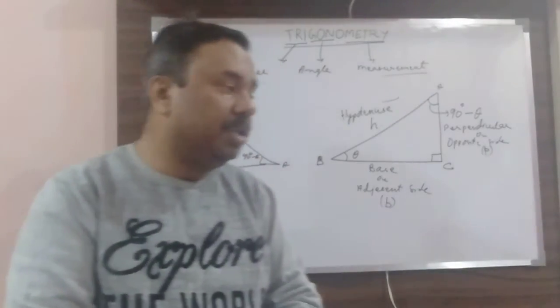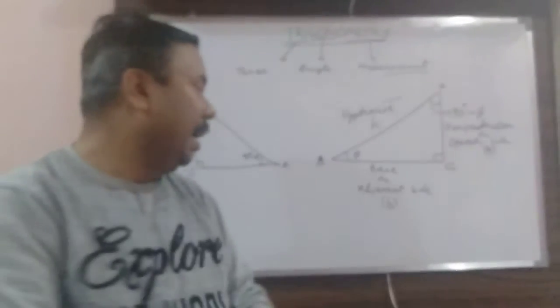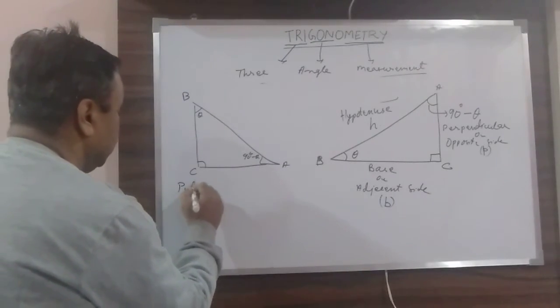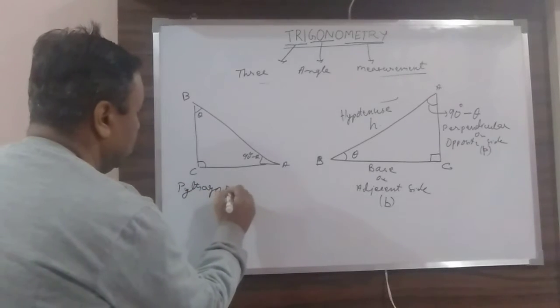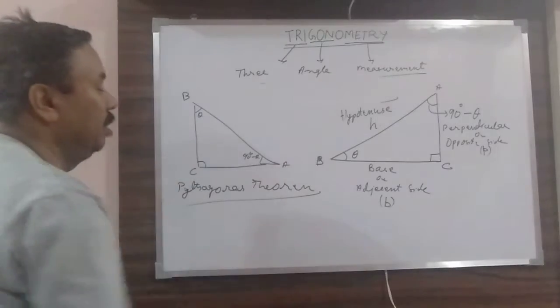Okay. Now using this, there is one more thing associated with right angle triangle, and that concept is Pythagoras theorem. And what is this Pythagoras theorem?